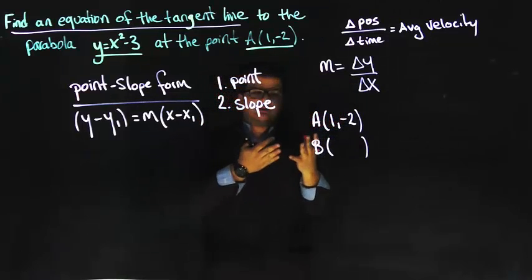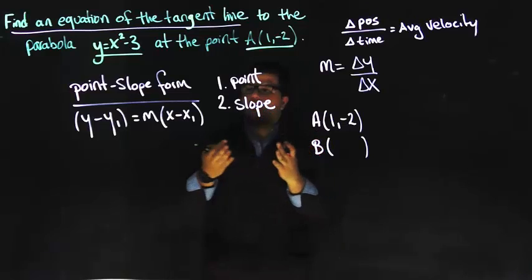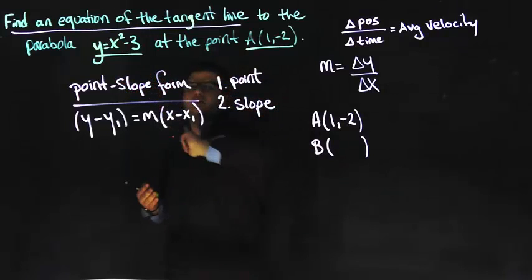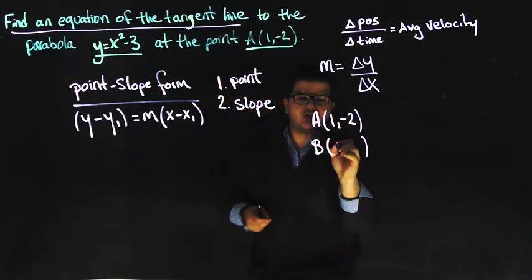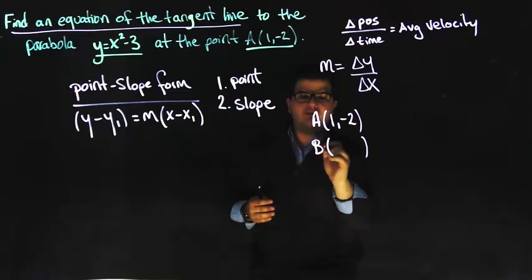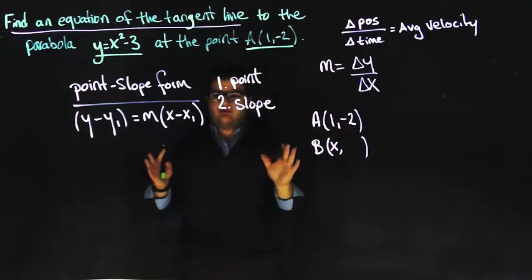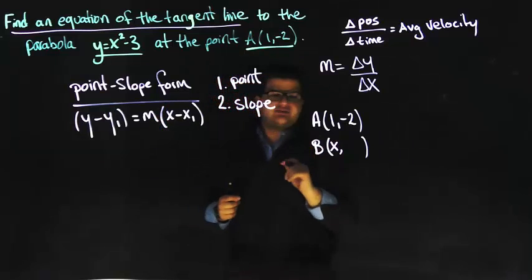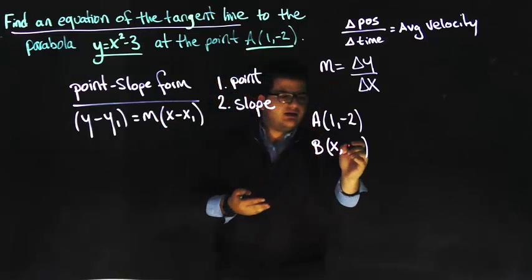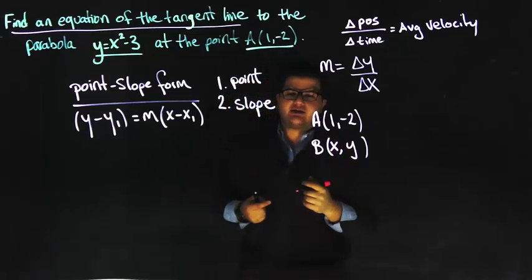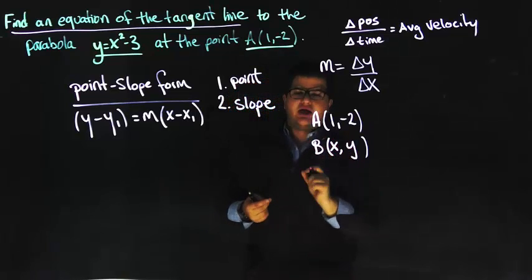Well, I can write this in a way that I can get every single slope of this equation. And the way I do that is I write it in terms of x. So for my point B, I'm going to take any x value that I have on my graph, and my y is going to be the output, just a simple xy coordinate that we have on our graph.